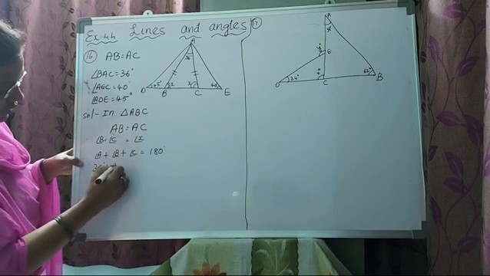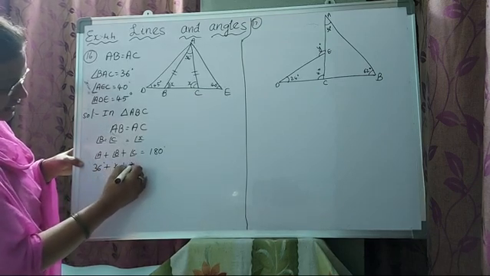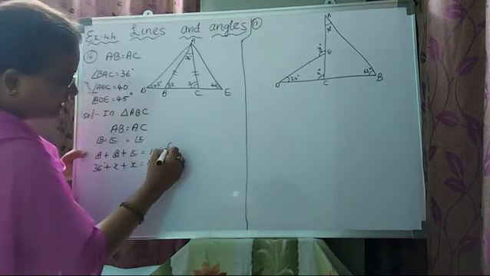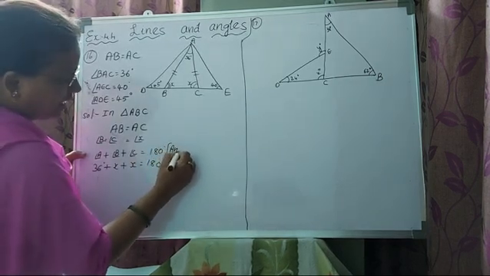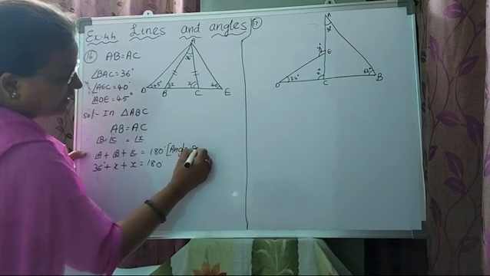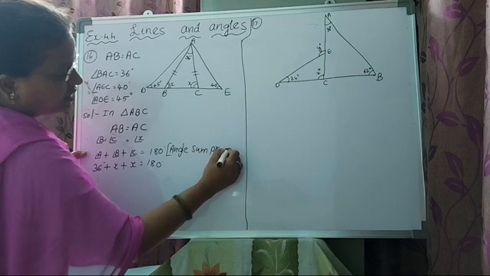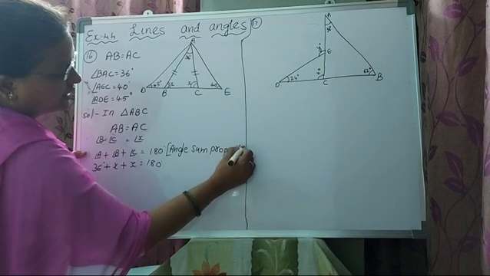Angle A plus angle B plus angle C is equal to 180. What is 180? Angle sum property. Angle sum property means the total of the angles of a triangle is equal to 180 degrees.